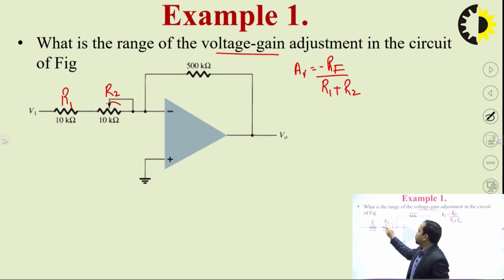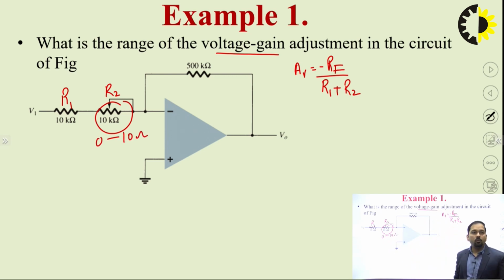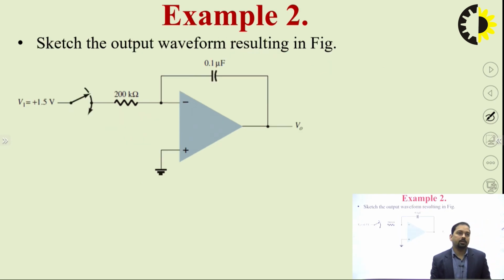The rheostat will provide 0 ohm to 10 ohm. Accordingly we have two values of voltage gain, one with R2 equal to 0, one with R2 equal to 10 kilo ohm. We can easily calculate.